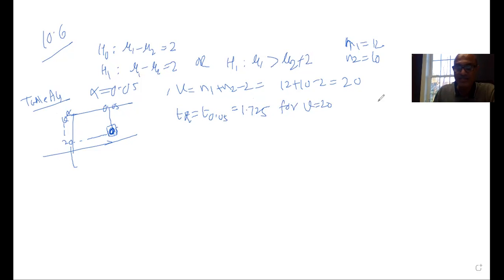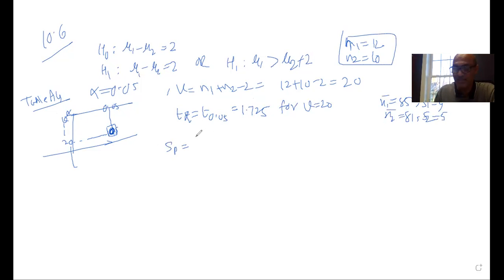As I told you, my X1 bar is 85, X2 bar is 81, my S1 is 4, and S2 is 5, N1 and N2 I already mentioned over here. Sounds good. Now I have to use my SP formula.